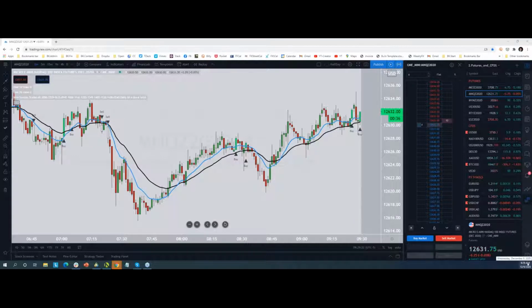What time is it? 29. This equity opening is very, very slow. Wow, you see, price is not even really moving that much.